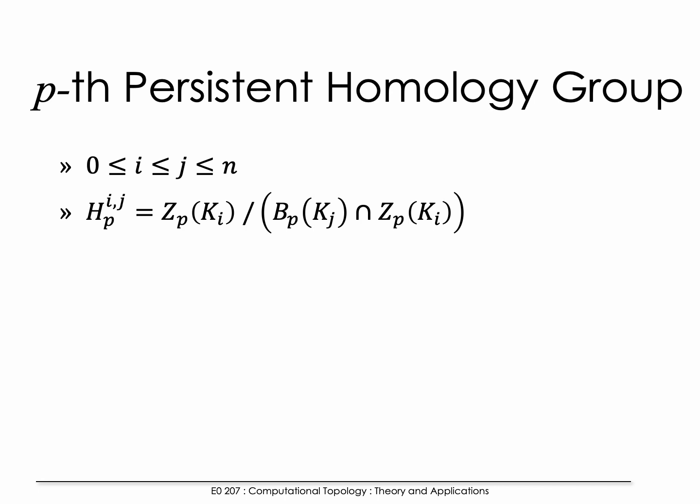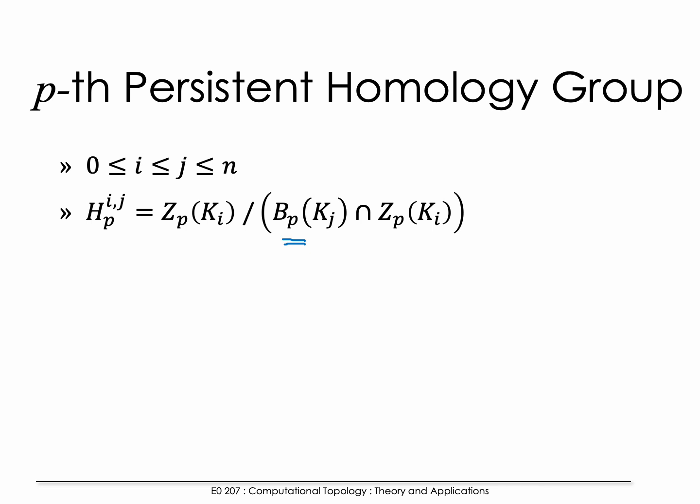So we take the quotient of Z_p of K_i with B_p of K_j. We take the quotient with B_p of the simplicial complex at j, not at i anymore.